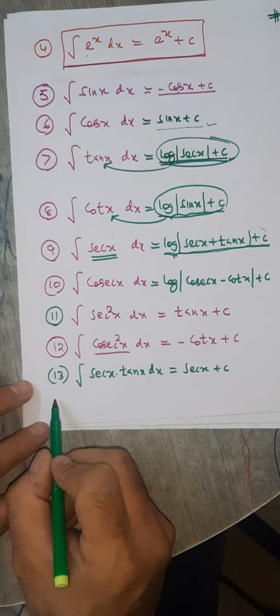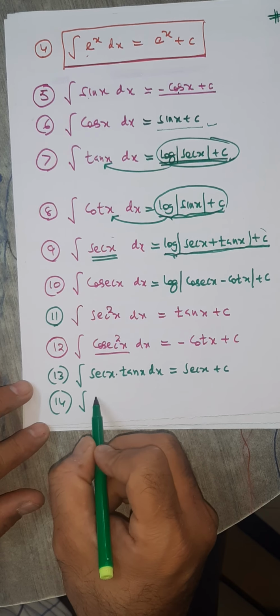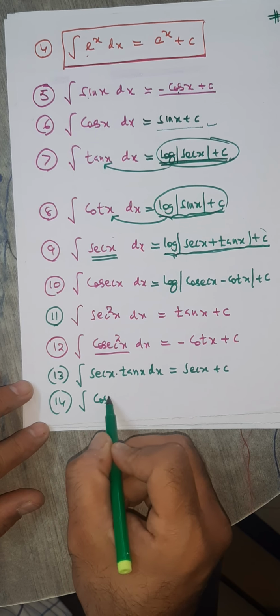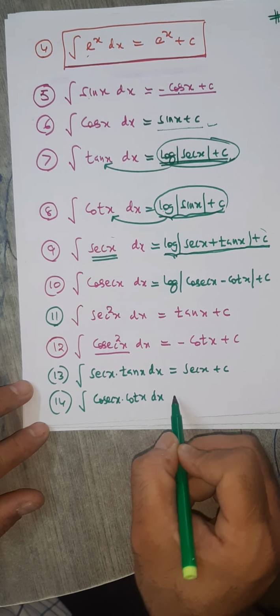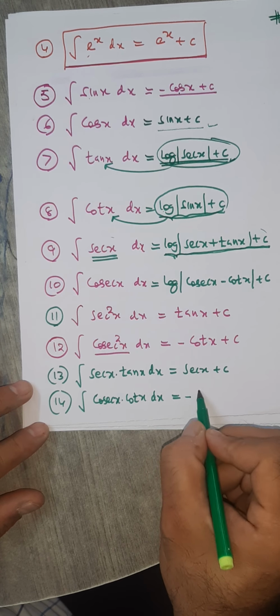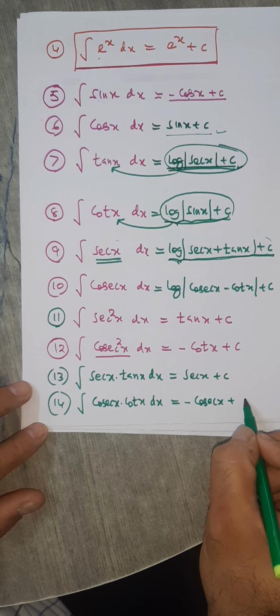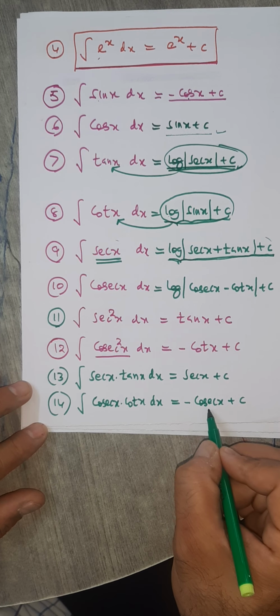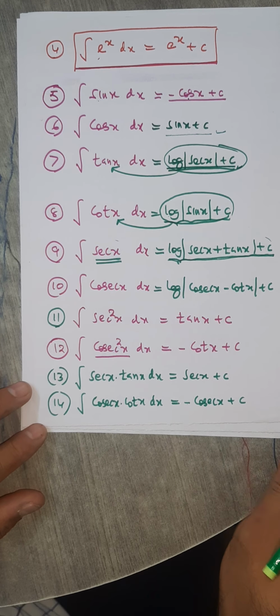And one more trig standard function here, number 14. Integral of cosec into cot. That is nothing but minus cosec x plus c. Why minus? Because the derivative of cosec itself is minus cosec into cot, and this minus gives us plus.